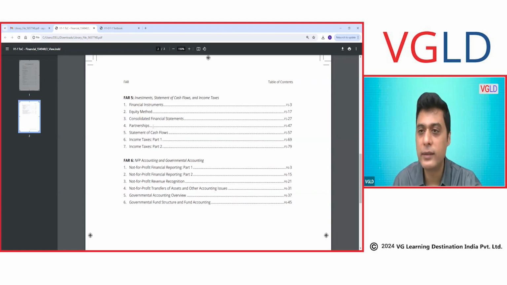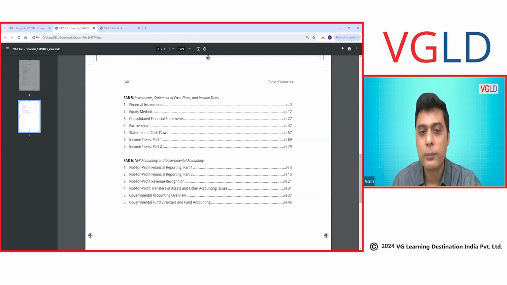In fact, even from ICSE, I think there's an entire book on partnership, where you have separate chapters, one on the fundamentals of partnership, then one just on profit sharing ratio and change in profit sharing ratio. There's a separate chapter on goodwill and its treatment, its valuation. Then you have admission, retirement, death, dissolution, right? A whole book dedicated to partnership. Here you can see from page 47 to 57, that's all. In 9 pages, partnership is done.